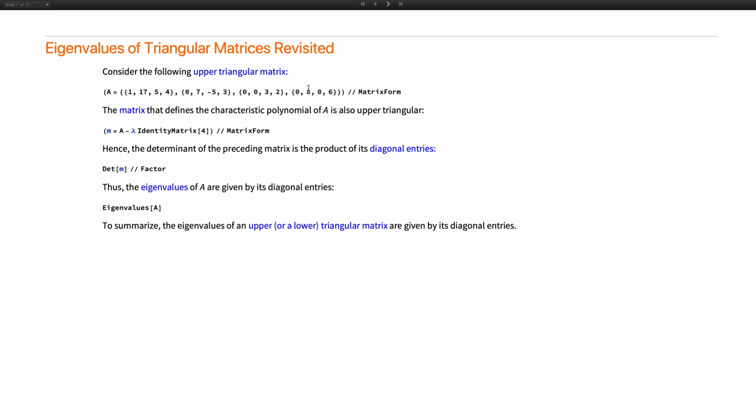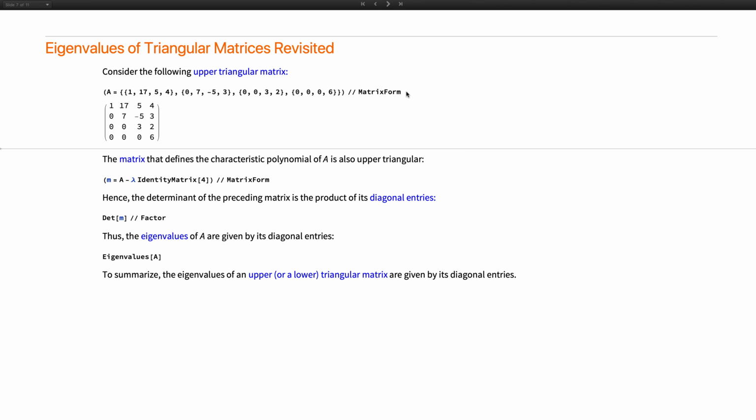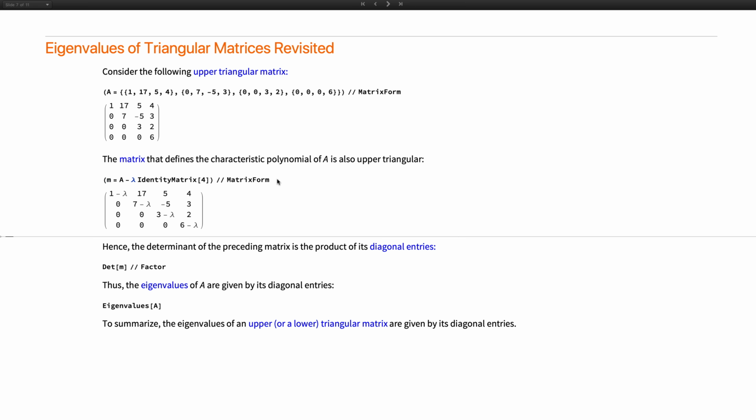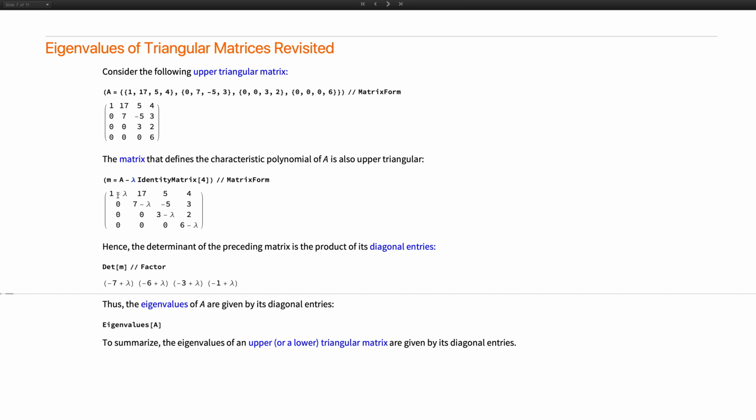As an example, let's take up triangular matrices again. So you have an upper triangular matrix over here. You see it's 0 below the diagonal. Let's try and work out the characteristic polynomial. But you see over here that the matrix itself is upper triangular. So its determinant is the product of the diagonal elements, and hence the diagonal elements will give you the eigenvalues directly.